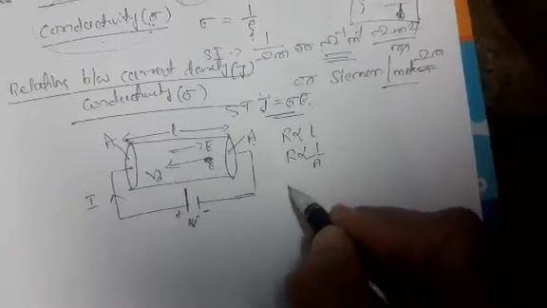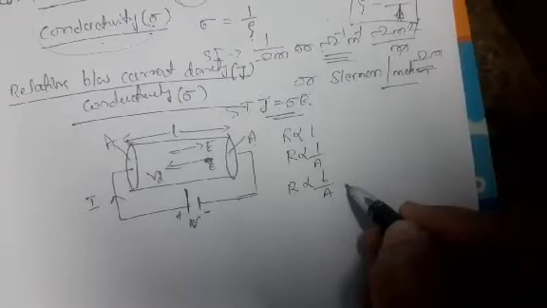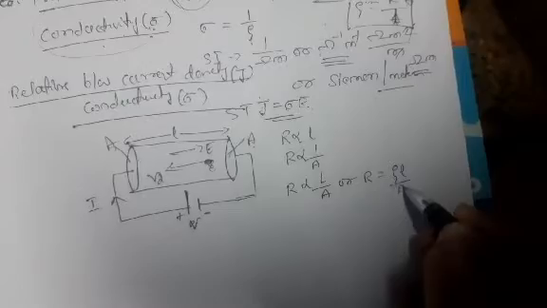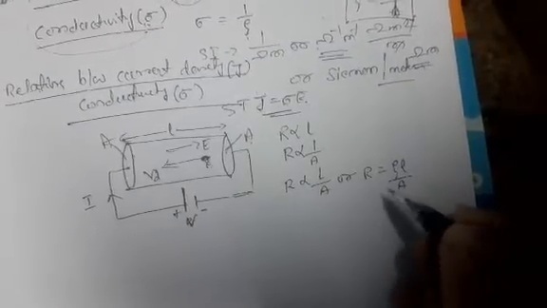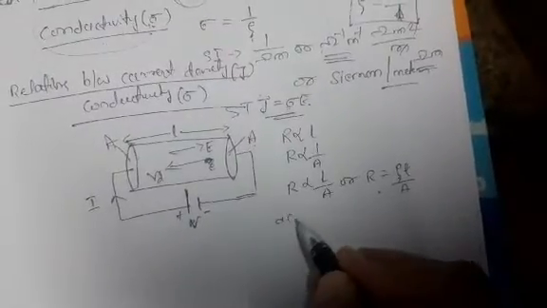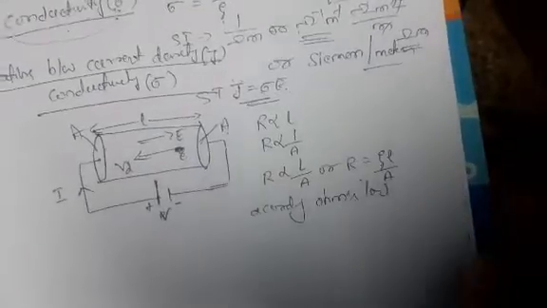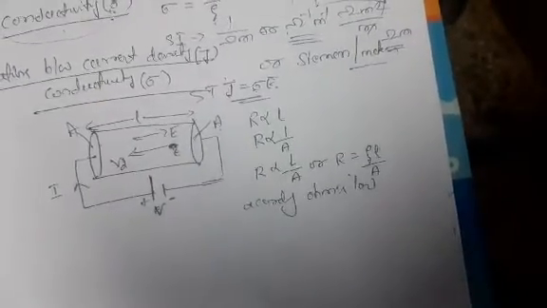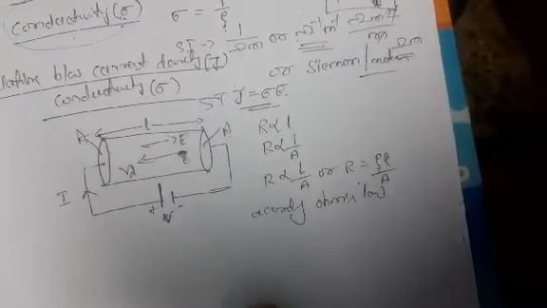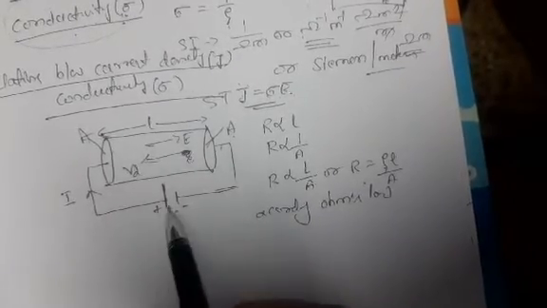Combining these two, R is proportional to L by A. Removing the proportionality, R is equal to rho L by A. According to Ohm's law, at constant temperature, the current flowing through a conductor is directly proportional to the potential difference.